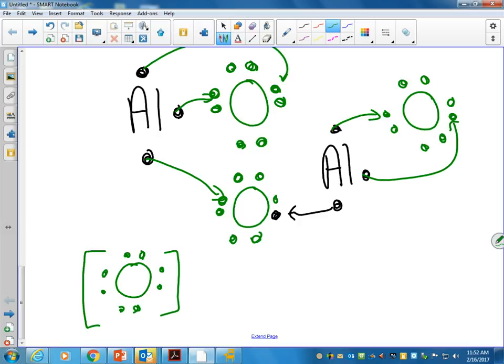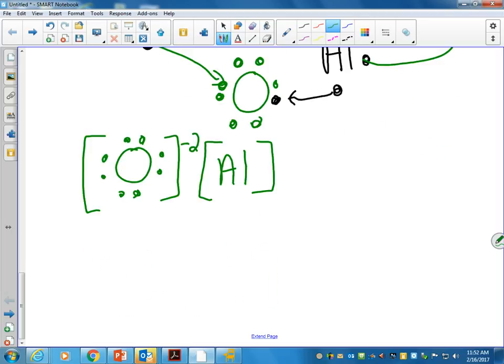Minus 2. It took 2 of aluminum's electrons here. Then aluminum, do I draw any electrons around them? No, they gave away their electrons. How many electrons did they give away? 3, so this is a plus 3. Then we have oxygen.